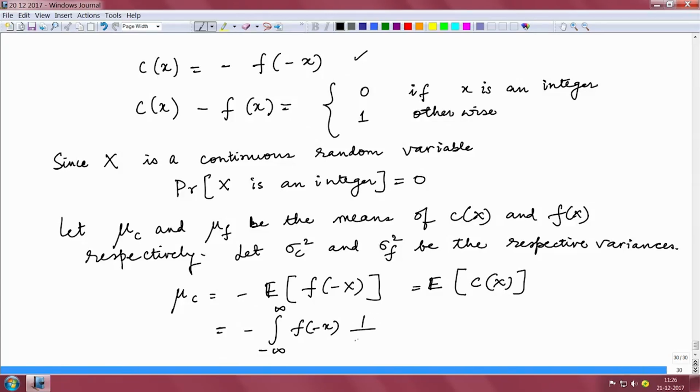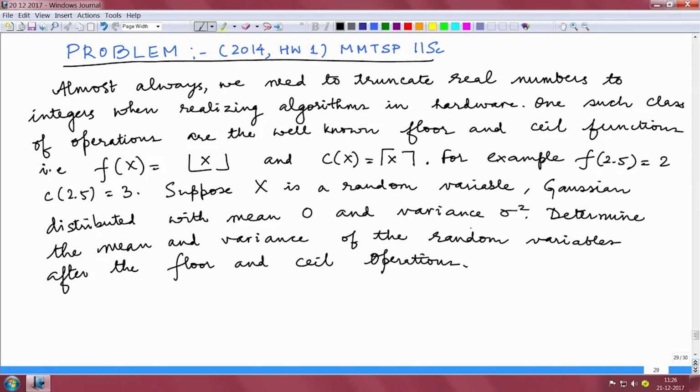The PDF of x is the Gaussian, 1 by square root of 2 pi sigma squared, and we assume we know that the variance of the original Gaussian random variable is sigma squared.